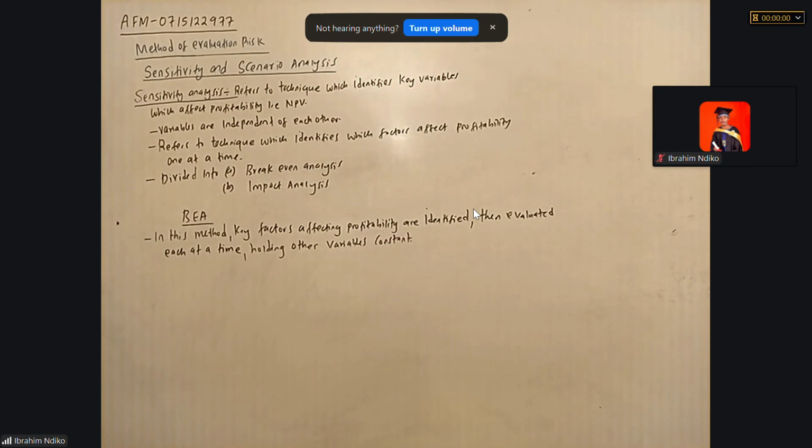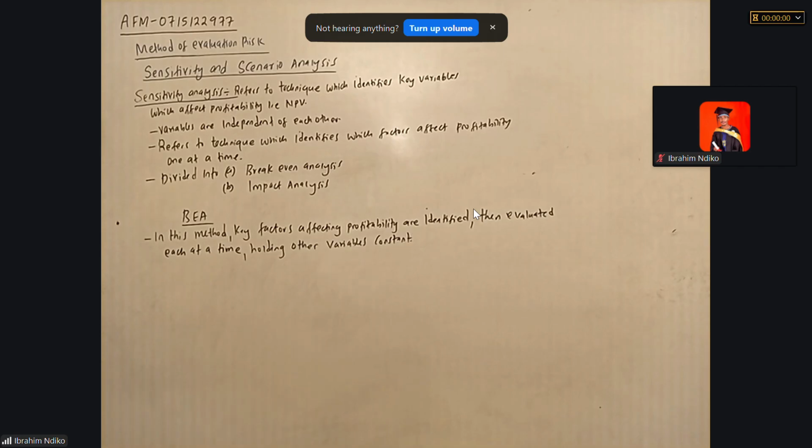When we are talking about break-even analysis, and remember that is under sensitivity, we identify the factors, for example sales, variable cost, or fixed cost. Then we analyze each factor at a time. So if we analyze sales, we ignore the rest. Once we complete one factor and go to the next, we ignore the other factors.